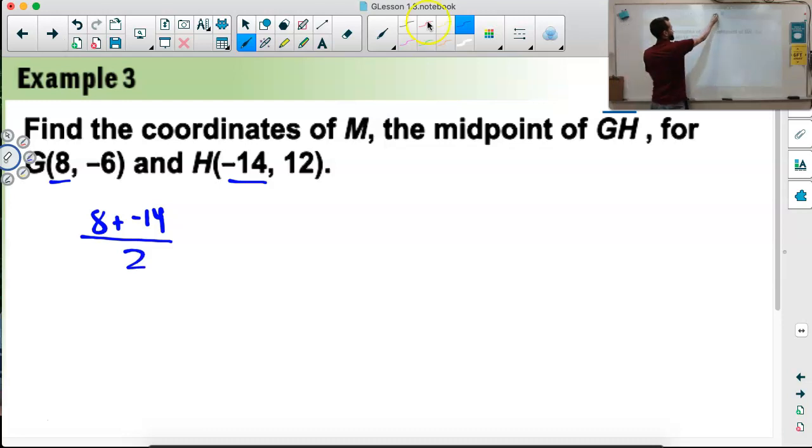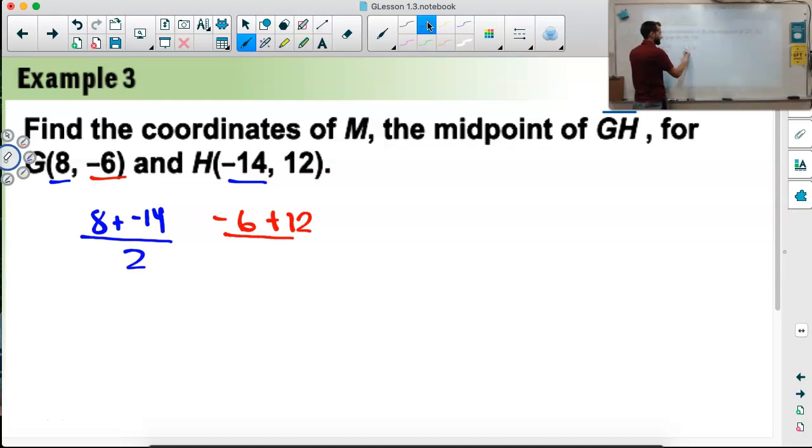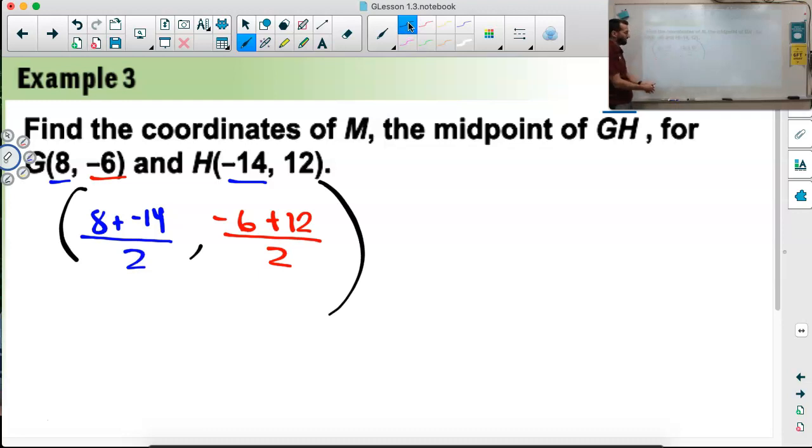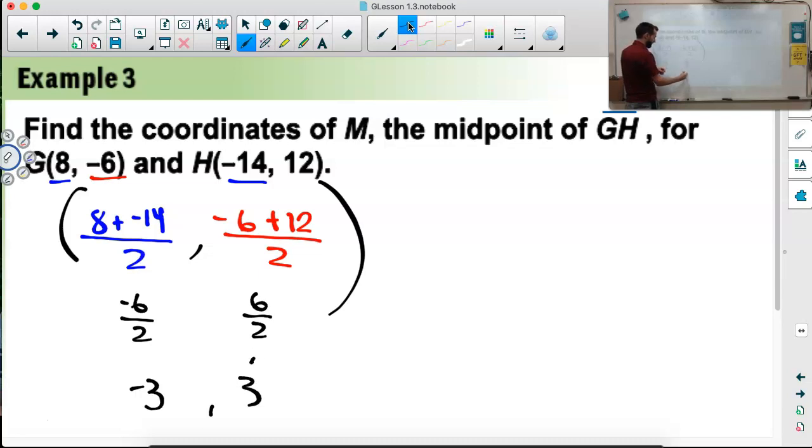Then I'm going to do the same thing for the y values: negative 6 plus 12 divided by 2. When I do the math, this gives me an ordered pair. So 8 plus negative 14 is negative 6, divided by 2 is negative 3. And this is a positive 6 divided by 2, which is a positive 3.